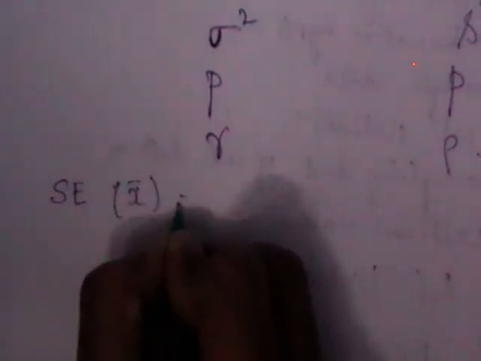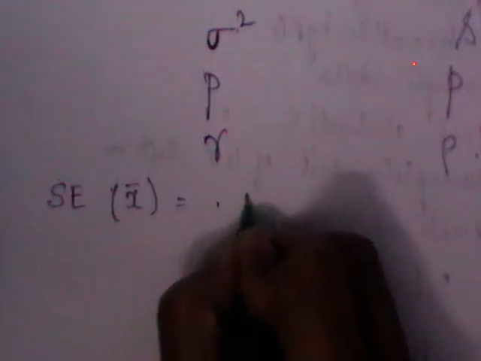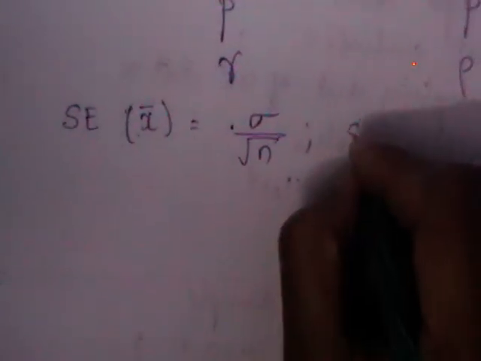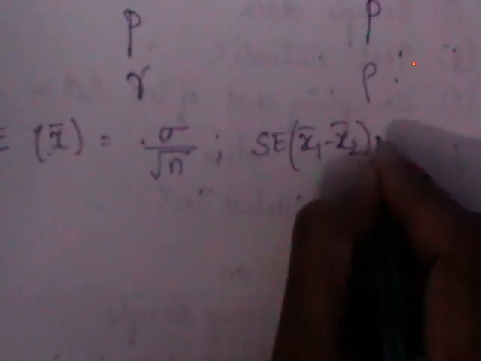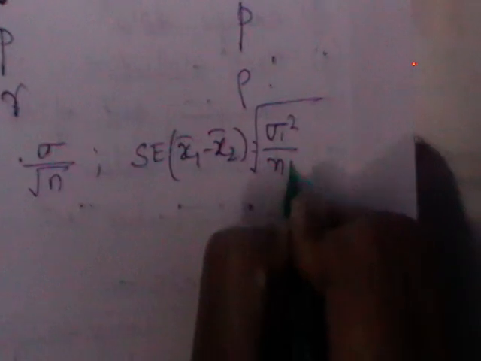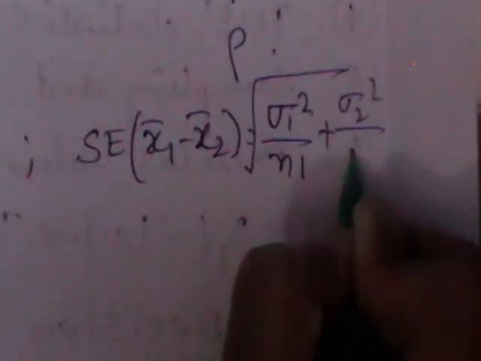Now to write the test statistic, you should know the standard errors. What is the standard error of x bar? If you know this, writing the test statistic is very easy. SE of x bar is sigma by root n. Then what will be SE of x1 bar minus x2 bar? For difference you will get the square root of sigma 1 square by n1 plus sigma 2 square by n2.